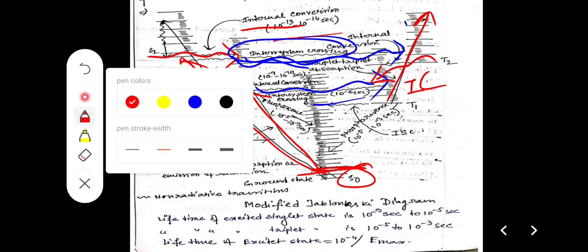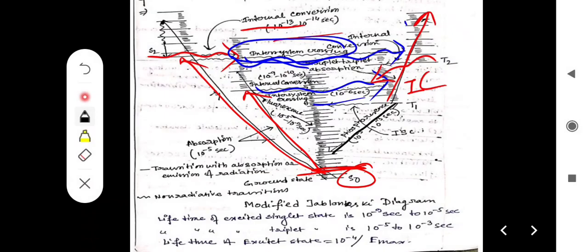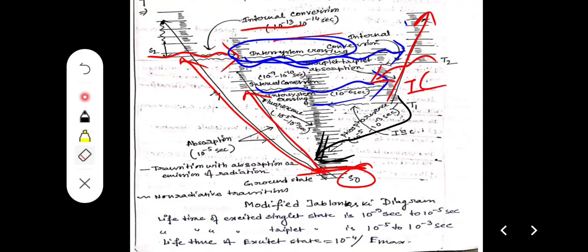When T1 goes to the ground singlet state, that is, first triplet excited state to ground singlet state, the transition can occur, and that should be termed as phosphorescence, 10 to the power minus 5 to 10 to the power minus 3 second.